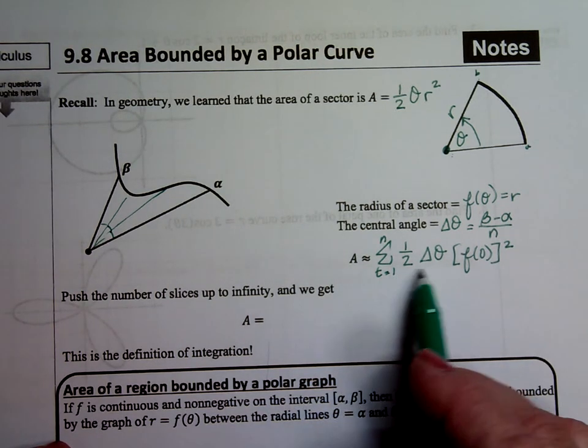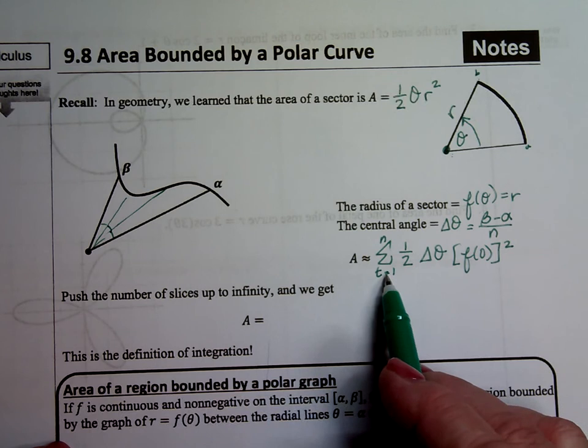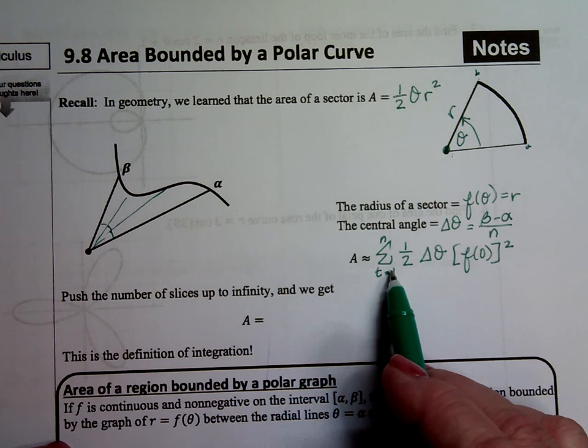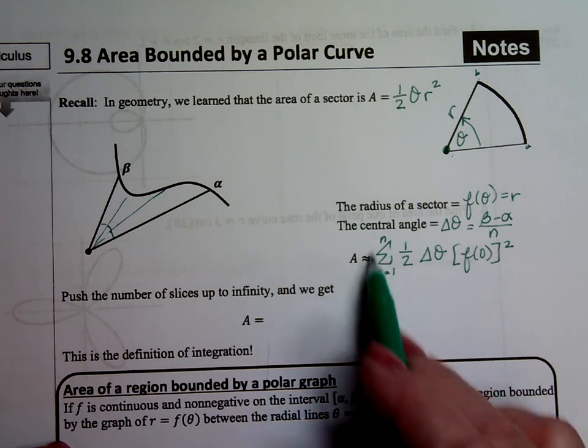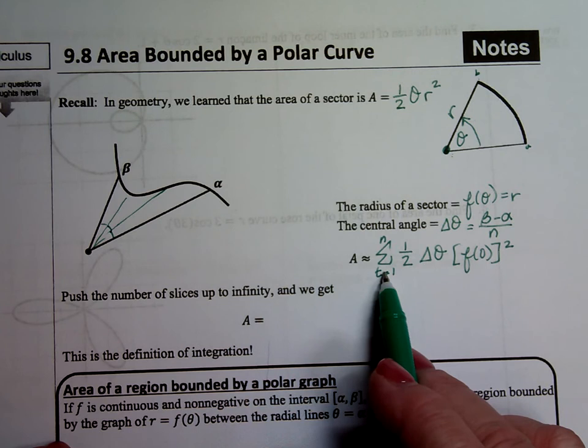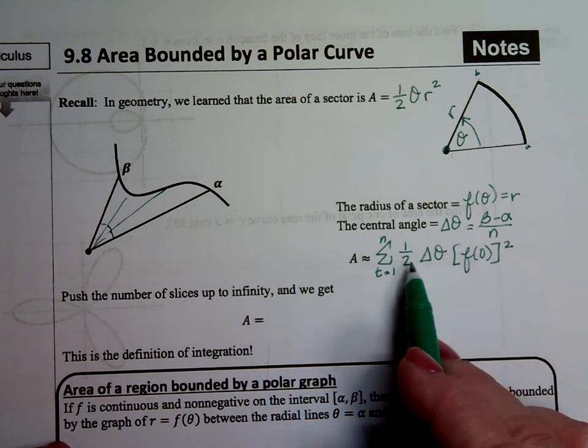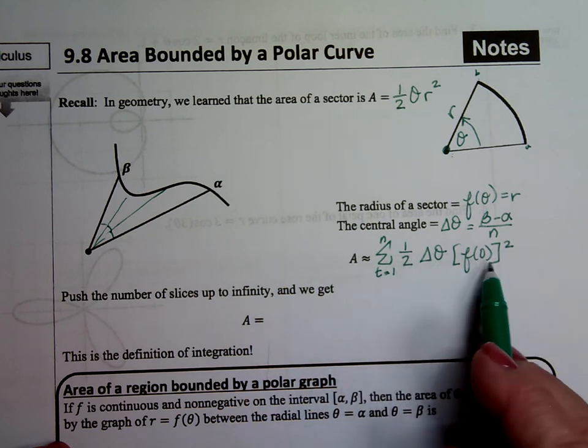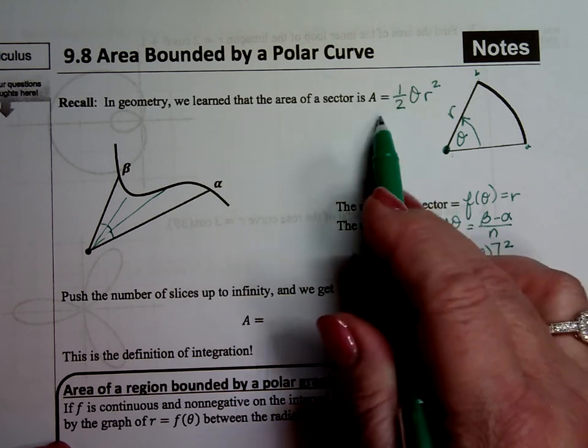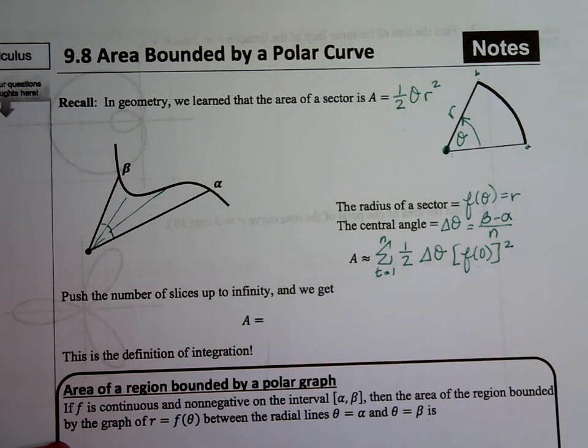An infinite number of angles, right? Kind of like a Riemann sum idea. So I could put an infinite number of sections into this. And then I add them all up, the sum of them. And this is your r squared. So it's 1/2 theta r squared. It lines up with the same thing back in geometry of your area formula.